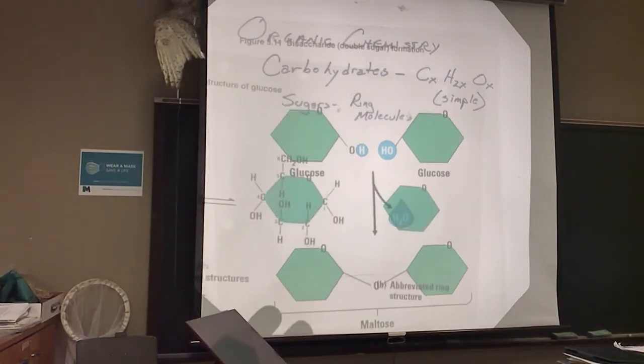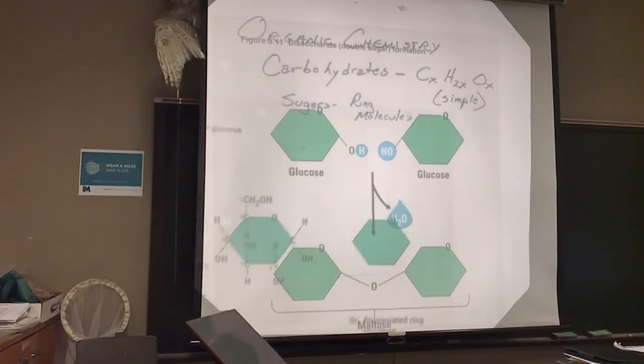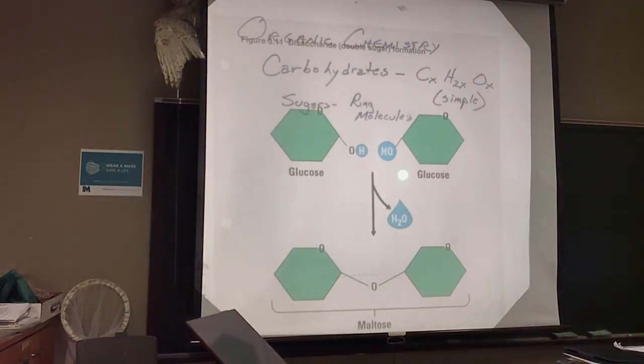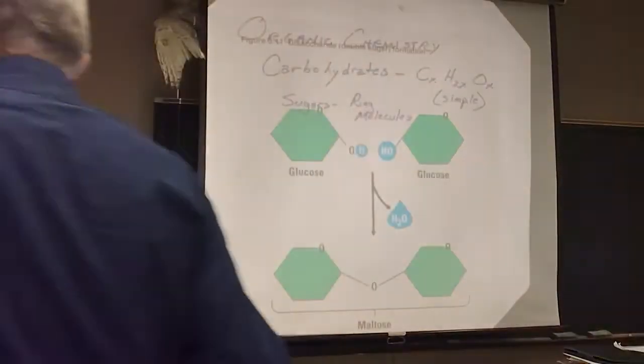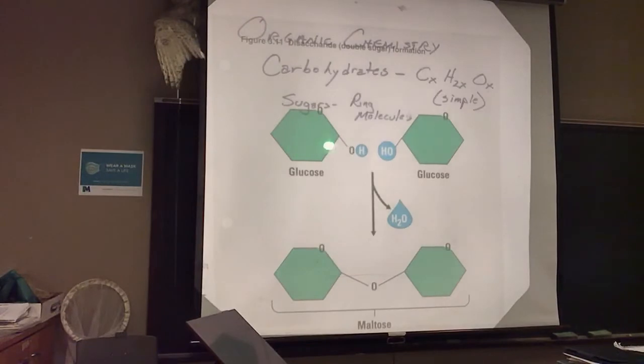On the other end is another OH. So there's an OH and an OH. To stick these two rings together, you're going to use that oxygen as a bridge. And to use the oxygen as a bridge, you've got to get this off of one side and this off the other side to form that potential bond. And when you take an H and an HO, you wind up with H2O.